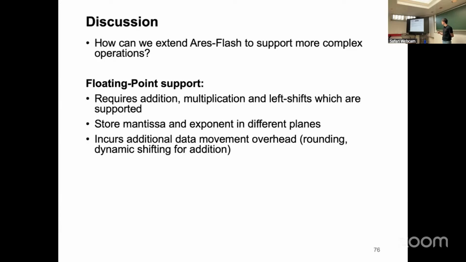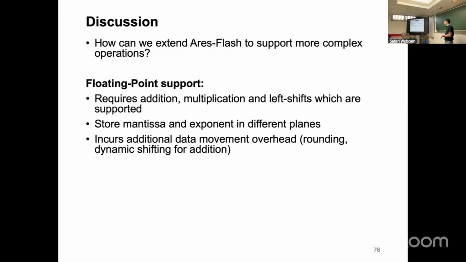For floating point support, this just requires additional multiplication and shifts, which we have. For multiplication, we can just store the mantissa and the exponents in different planes, and then sum up the exponents and multiply the mantissas together.